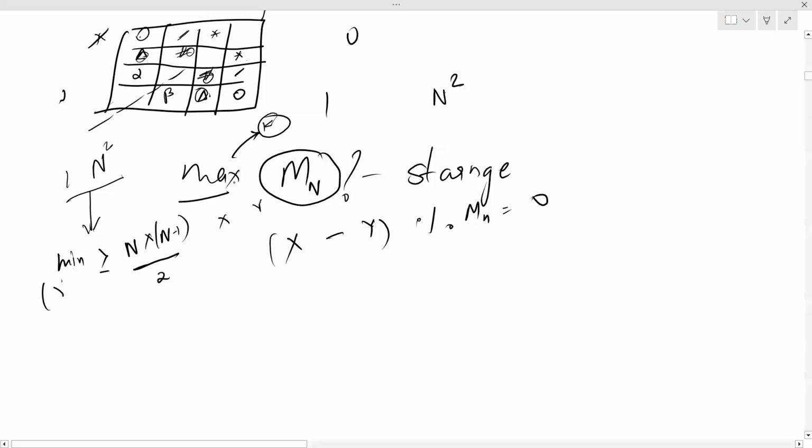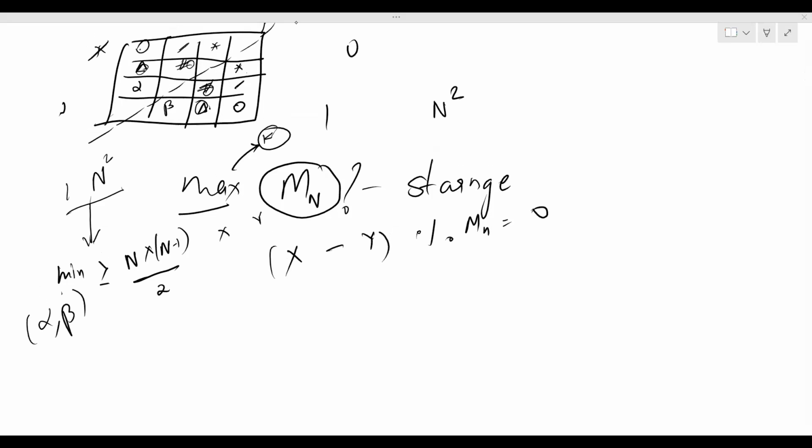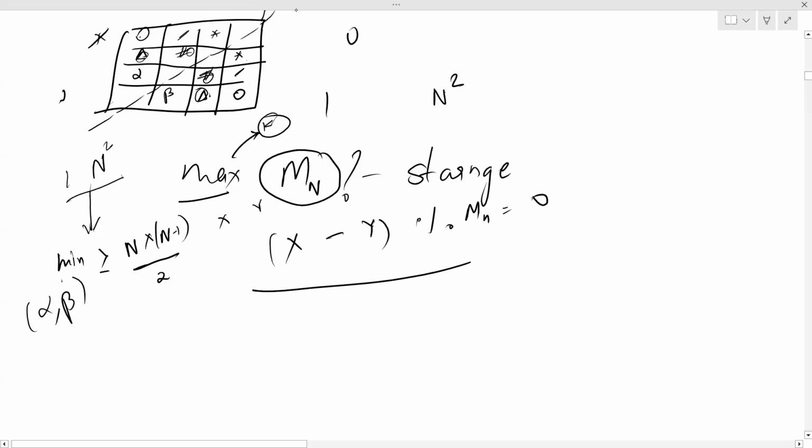I am taking my matrix symmetric with respect to this diagonal. So there will be at least one pair for which the minimum of alpha beta is more than this value. This is nothing but the total number of pairs around that diagonal. So if this is true, then this is also true.